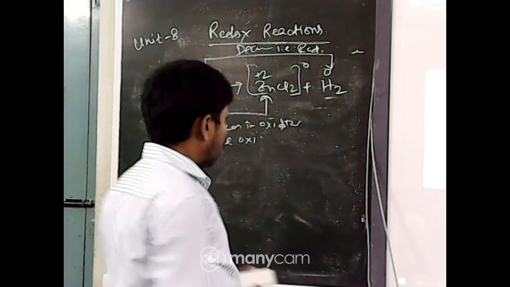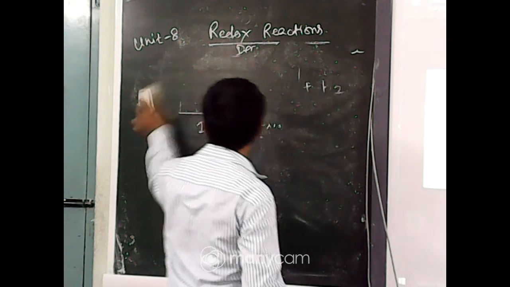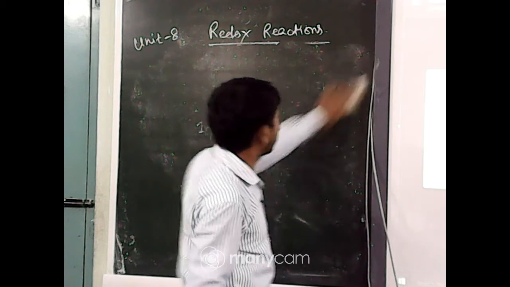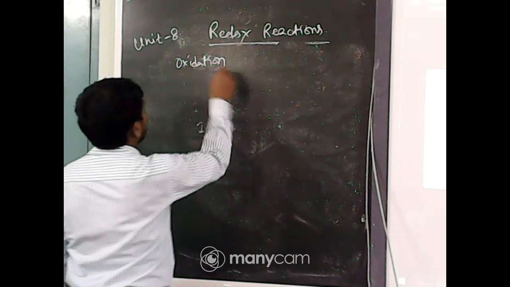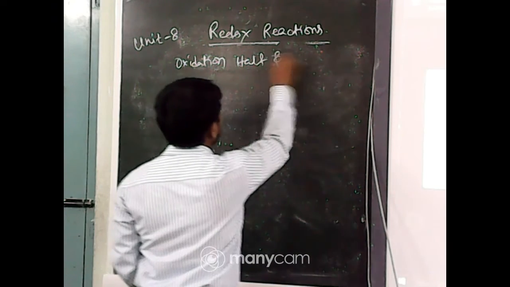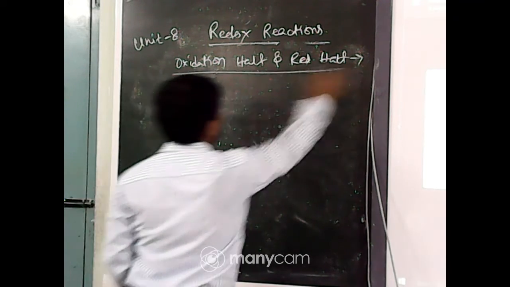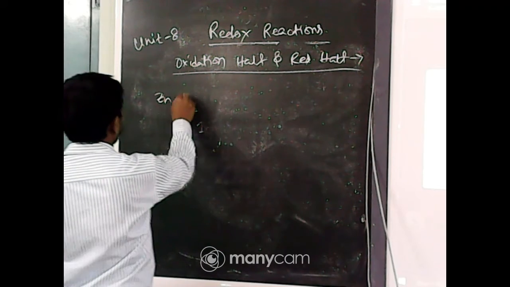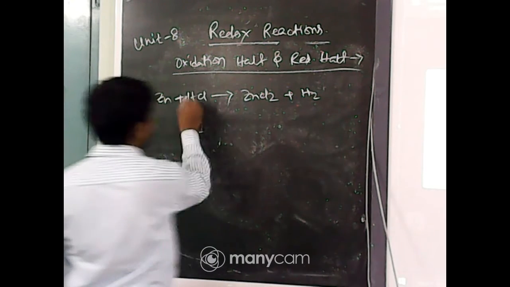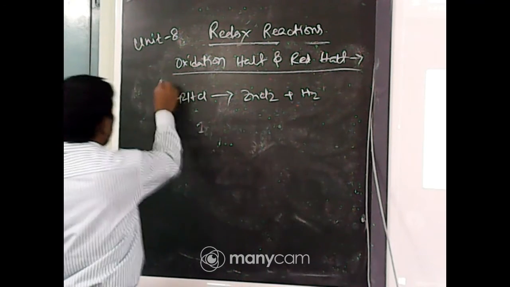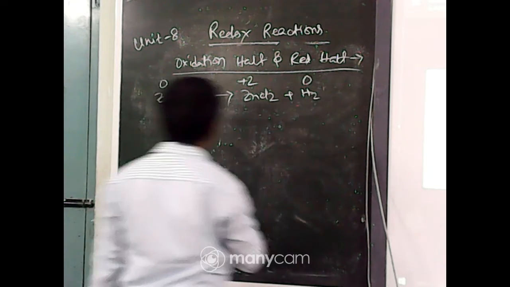Now the next term: what are the oxidation half and reduction half? Take the previous example, Zn plus 2HCl forming ZnCl2 plus hydrogen. Zn was in 0 and is now in +2 oxidation state; hydrogen was in +1 and is now in 0 oxidation state.